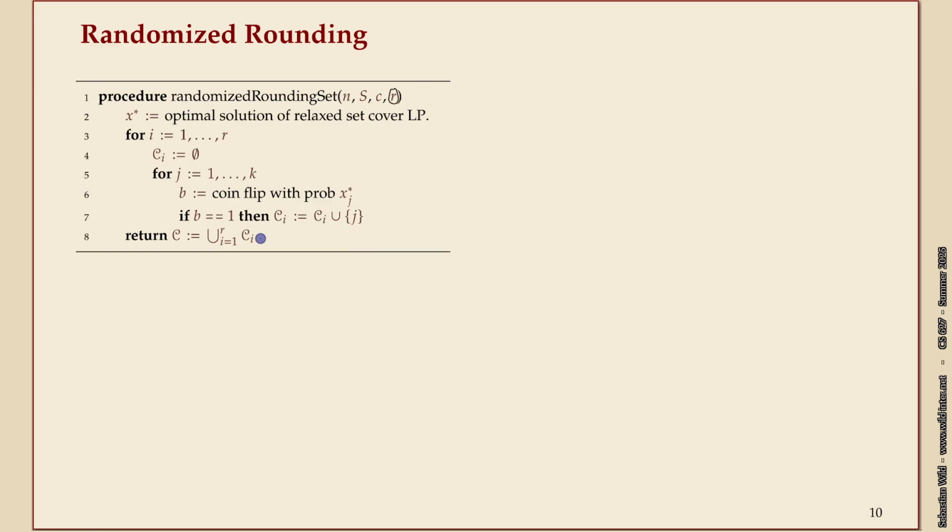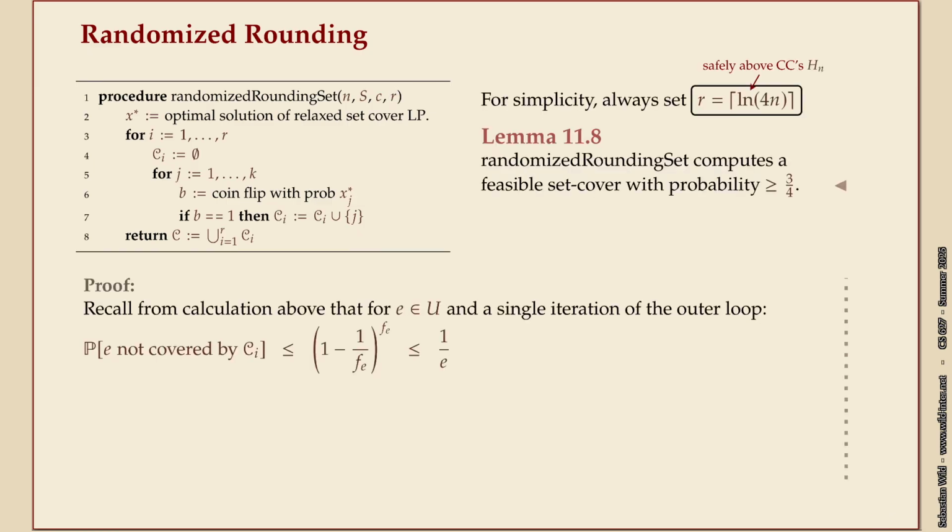So any set that was picked in any of the R iterations is going to be part of the final solution. From this hand-wavy argument, maybe we should expect some logarithmic number of repetitions to be the right choice. And well, it turns out to get the numbers right, you want to use a slightly bigger number than that. So it's not ln n, it's ln n plus a constant. Right?